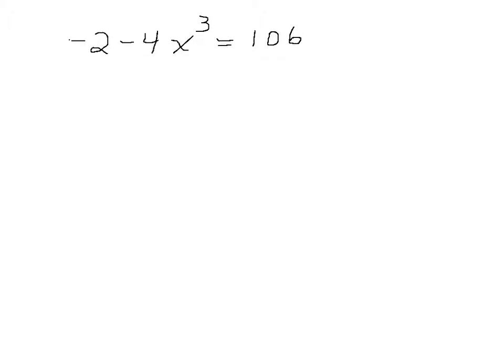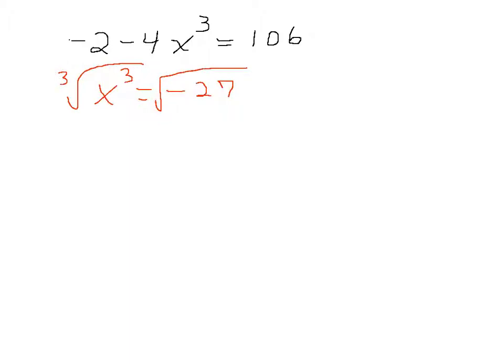Okay, so let's take a look at this one. And if I isolate my x cubed term here, I believe that what we get is x cubed is equal to minus 27. Now, can I take the cube root of a negative number? Yeah. 3 is odd.